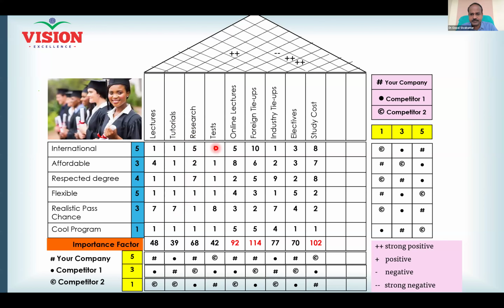7 and 5. Is it logical giving 7 and 5 for the 1 and 3 requirements? Yes or no? For international recognition and industry respect. Yeah, because you have a lot of research facilities. You encourage your students to really do research. What happens? There are some research tie-ups made with foreign universities.